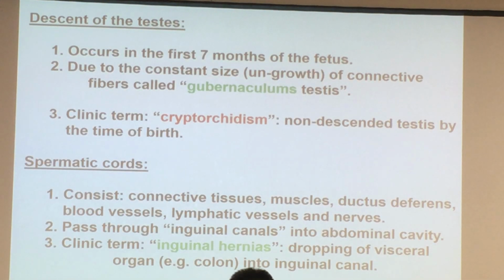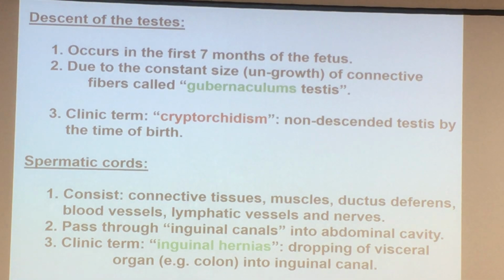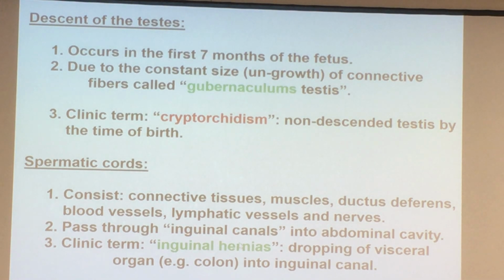Now, before we talk about the details, let's go to the embryo. The testes used to be very close to the location of the kidney, and they only descend at about 7 months of the fetus, I mean, 2 months before delivery.